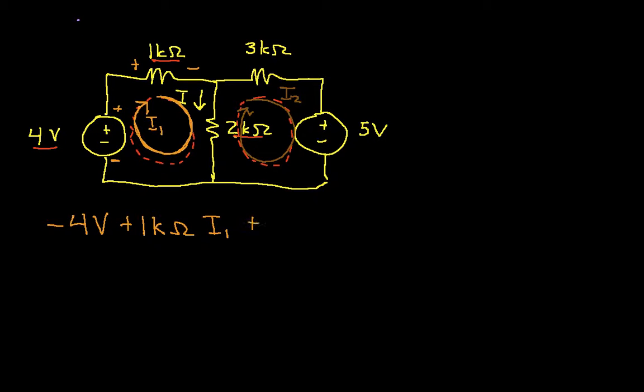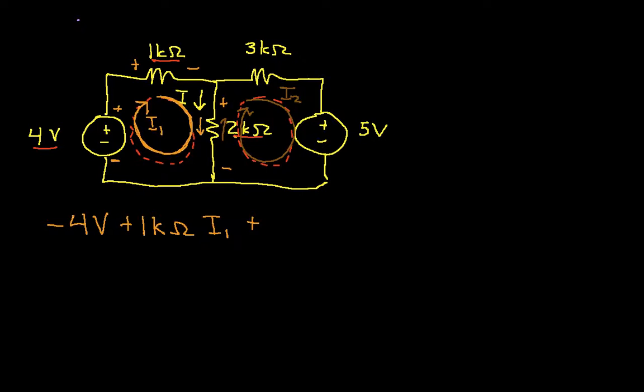Okay, now things get a little weird. I need to find the voltage across the 2K ohm resistor. But the thing that makes it weird is I have mesh current I1 flowing in this direction and mesh current I2 flowing in this direction. Now clearly, in this case, I1 or I2 are not the actual currents that flow through the 2K ohm resistor.